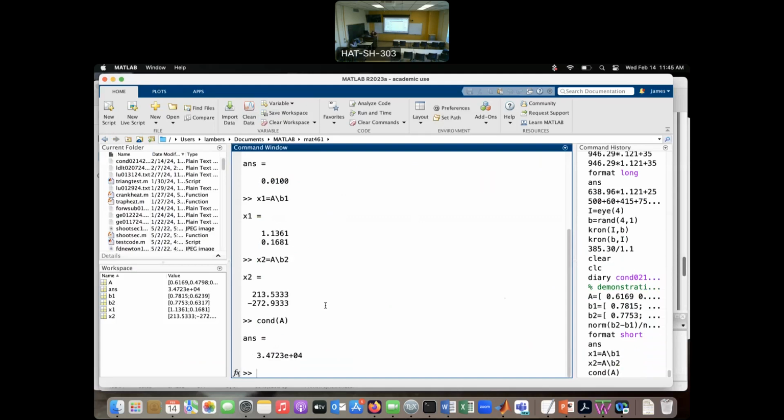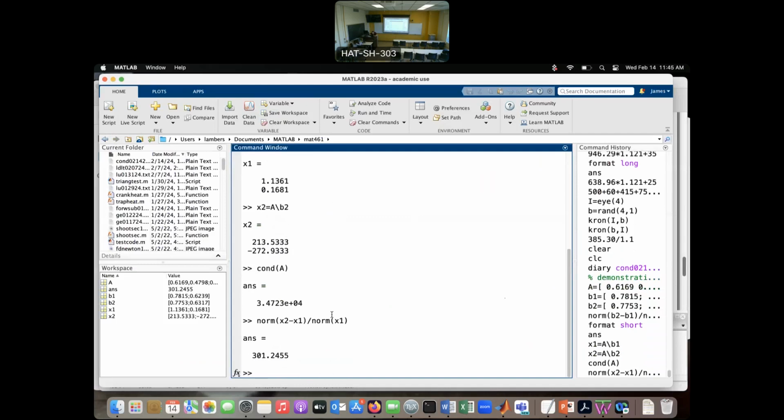So now we'll look at the norm of the relative difference in the solutions. So the right-hand sides differ by 1%. So I do the same with the solutions. So there's a 300% difference between them. So now I'm going to take that relative difference.